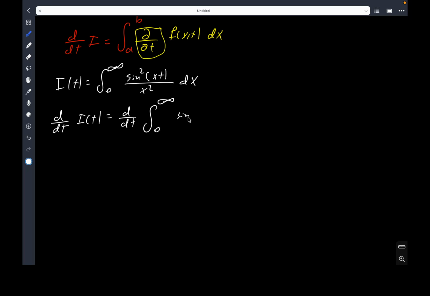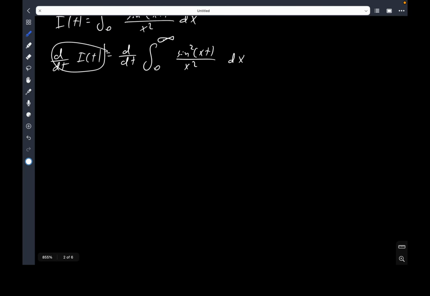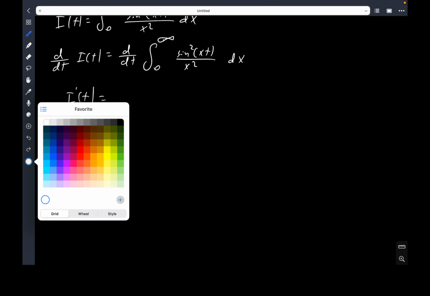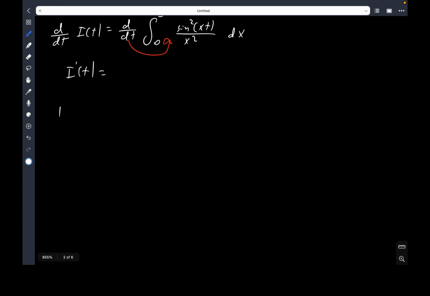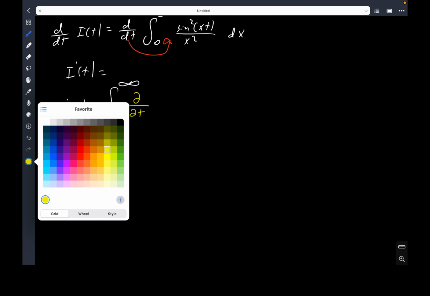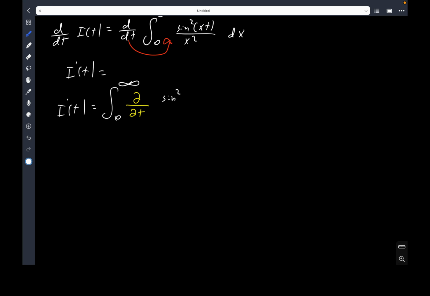The left side is I prime of t, and the derivative goes inside the integral as a partial derivative with respect to t of sine squared of xt over x squared dx.